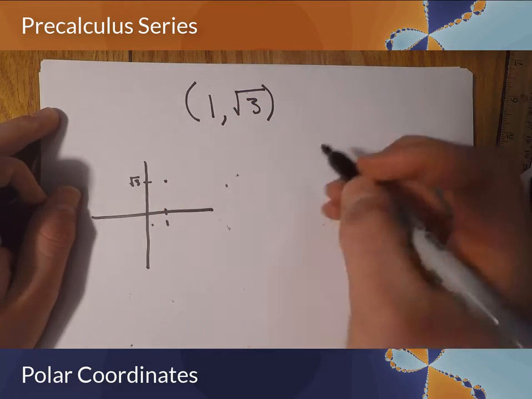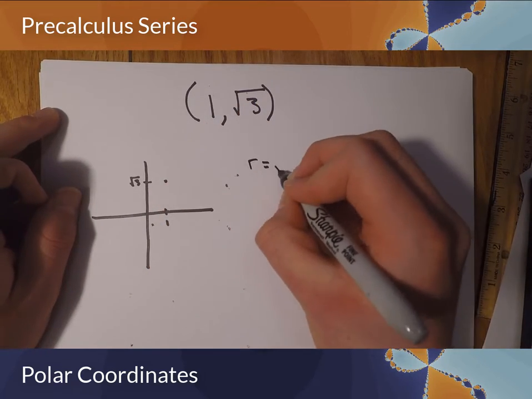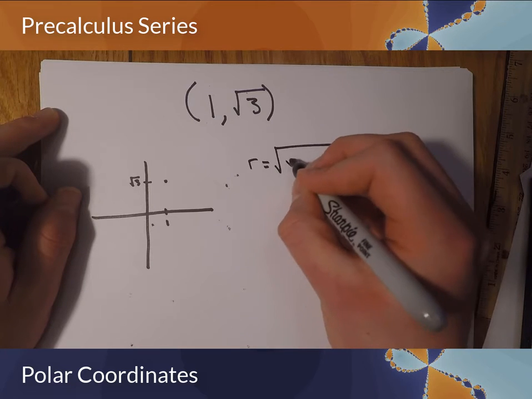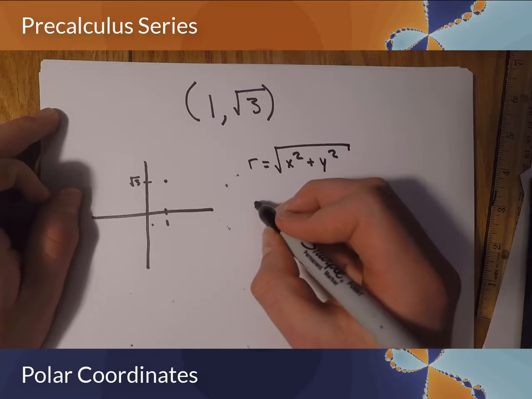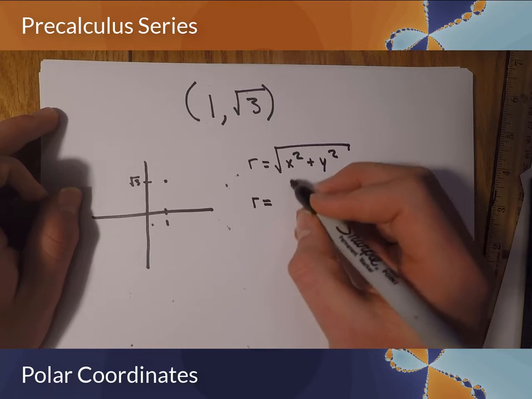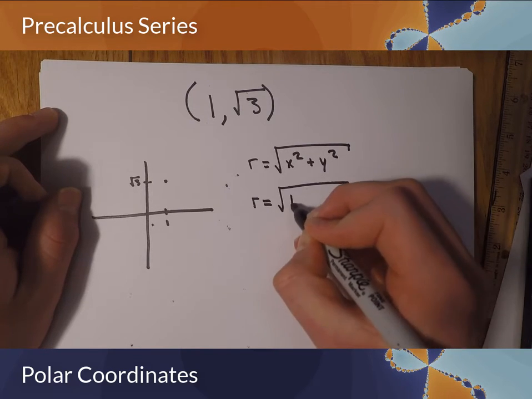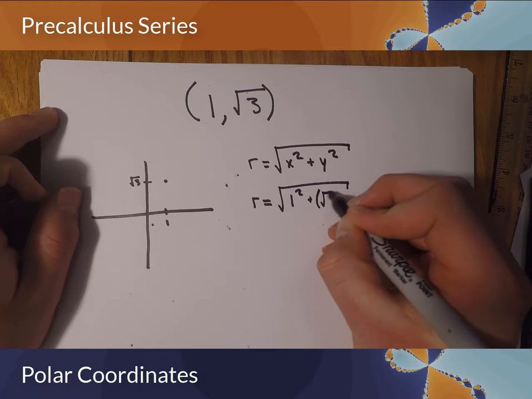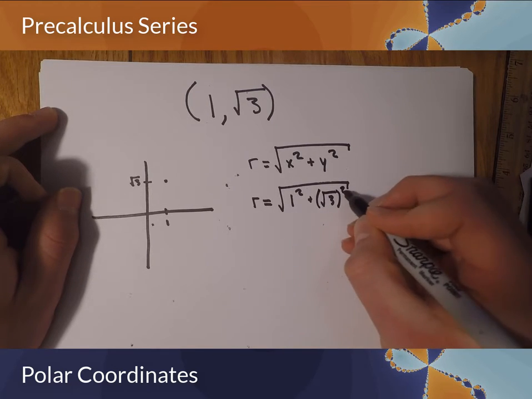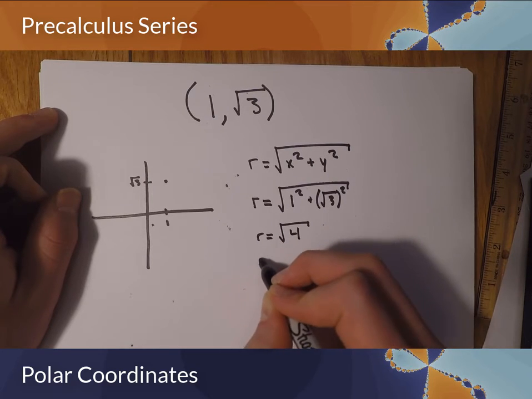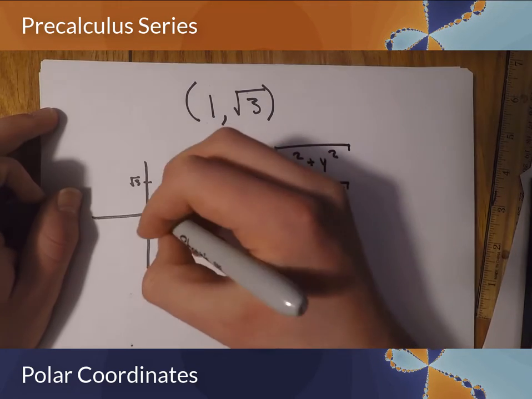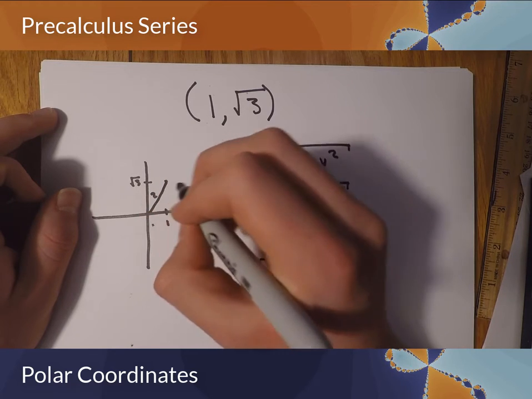All right, so to find r, we know it's the square root of x squared plus y squared because of the Pythagorean theorem. So r is equivalent to the square root of 1 squared plus the square root of 3 squared, which equals the square root of 4, which equals 2. So we know that the distance here is 2.